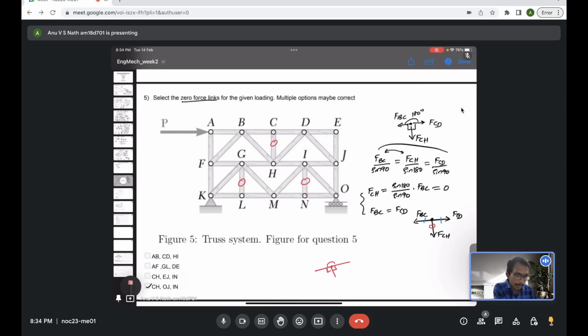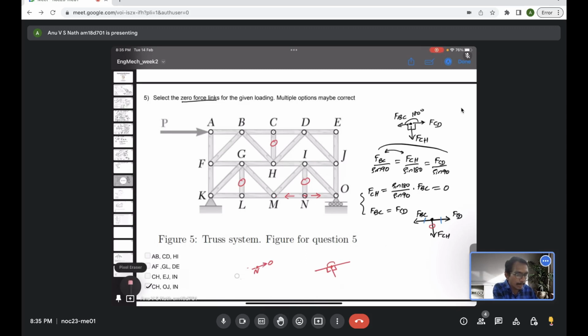So in such a setup, the force on MN should be equal and opposite to the force on NO, and the force on the link IN should be 0. If the force on IN is 0, then IN is a redundant link. You can think of there being no IN at all, only MN and NO acting, then it's like a two force member, therefore the forces should be equal and opposite for it to be in equilibrium.